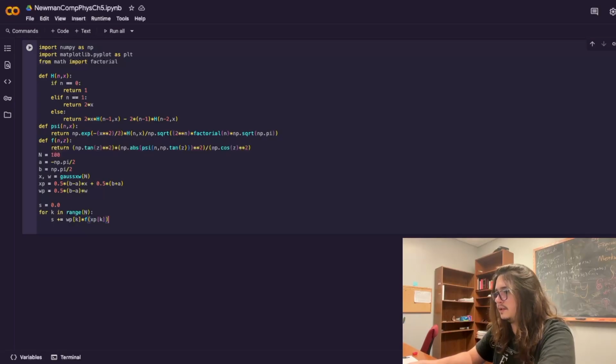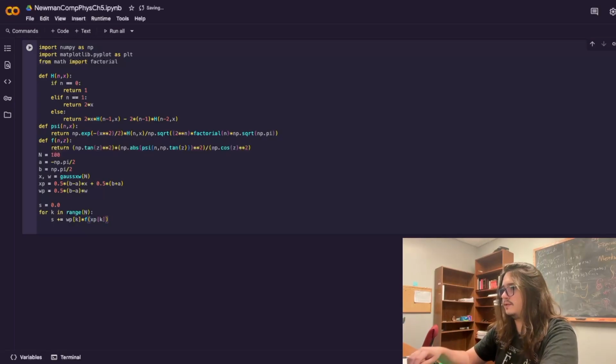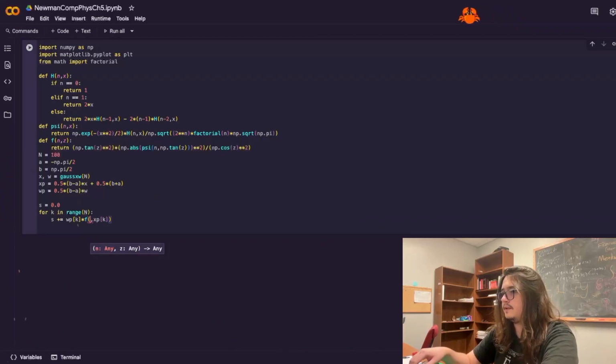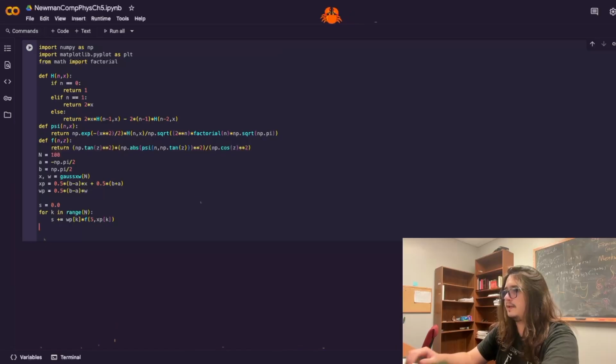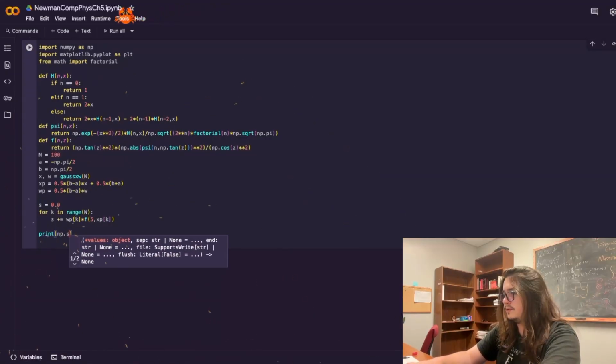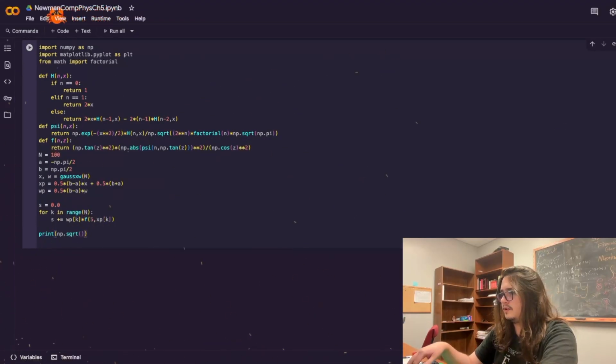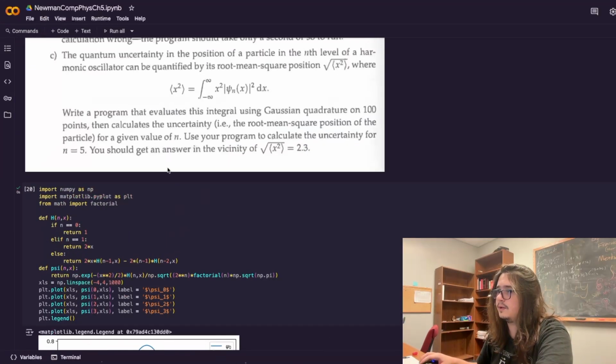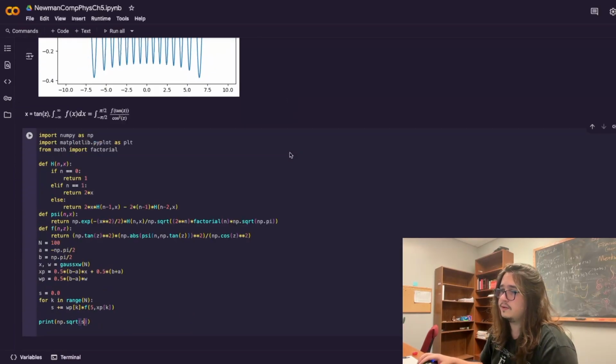But then yeah, we need to modify this function call line so that we do 5 comma xp indexed k, because we're doing the n equals 5 wave function for this. And at the end, we can print out the square root of the result of the integral, which is what we are going to be checking against according to the problem statement up here. Should be around 2.3 if we did everything correctly.